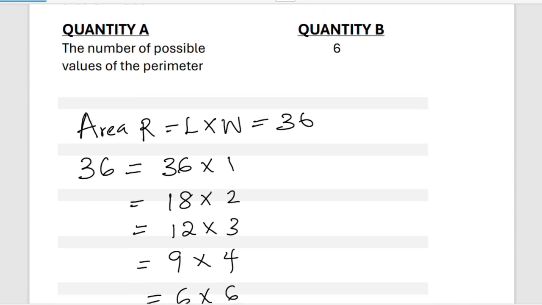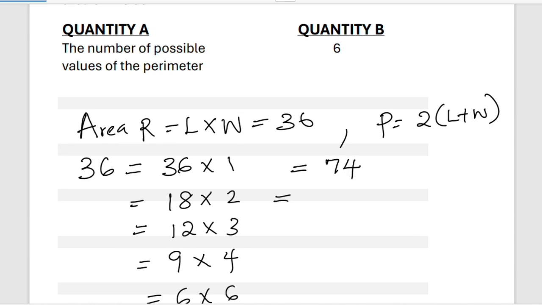Perimeter is length plus width times 2. So here the length is 36 and the width is 1. So the perimeter here is going to be 36 plus 1, that is 37 times 2, which is 74.